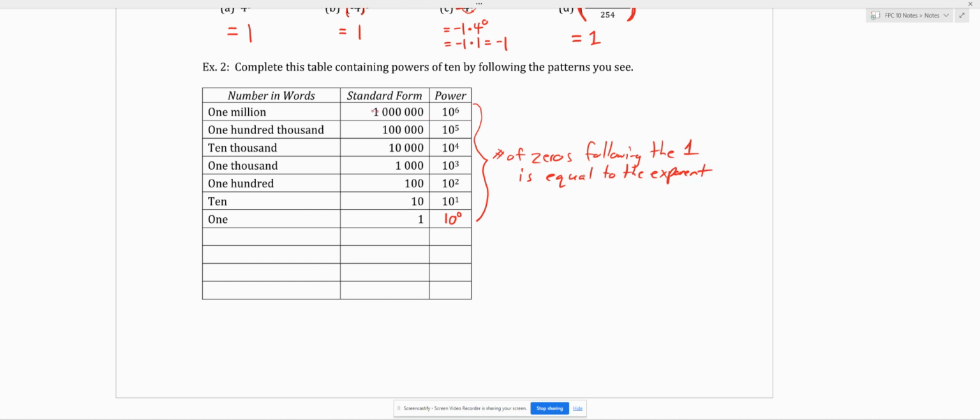So if we count in 1 million here, I have 6 zeros. Well, that's 10 to the 6. So 6 zeros matches an exponent of 6. 5 to 5, 4 to 4, and so on.